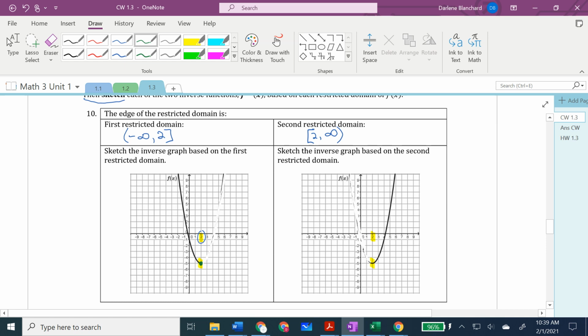So my vertex point of (2, -5) becomes (-5, 2). I see that I have an x-intercept of 1. Or sorry, I just said that wrong. A y-intercept of -1. That means an x-intercept of -1 for its inverse.